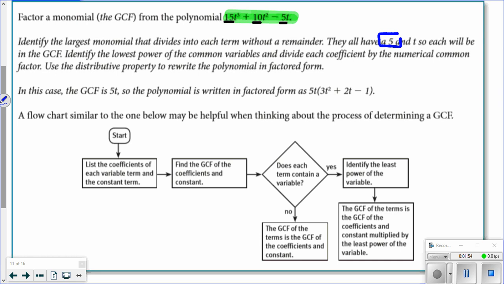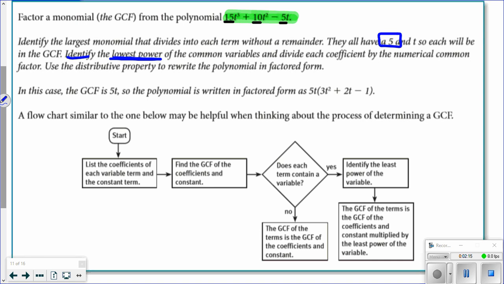So 5 works. Then let's look at the variables. Okay, I notice that they all have a t. T cubed, t squared, and t. So we're going to identify the smallest exponent, the lowest power of those variables.